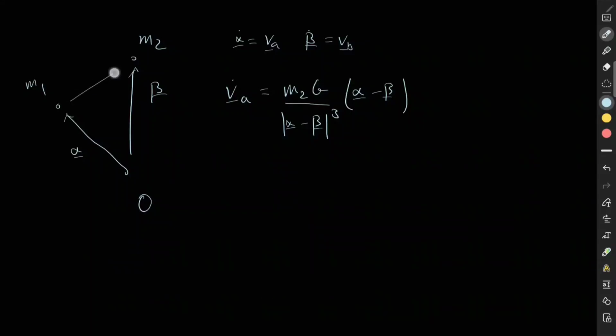Let's see, the acceleration's going to go that way, so yes. And VB dot is equal to m1 G over the modulus of alpha minus beta, cubed, in the direction of beta minus alpha.